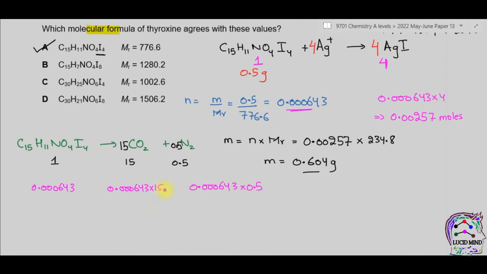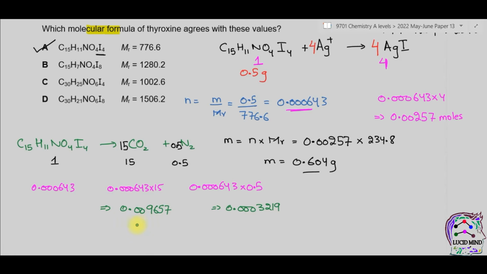Let's find the number of moles and then we can convert those moles into volume. By calculation, it comes equal to 0.009657, and this one is equal to 0.003219.